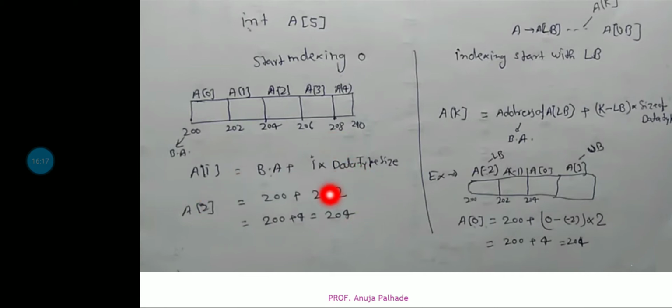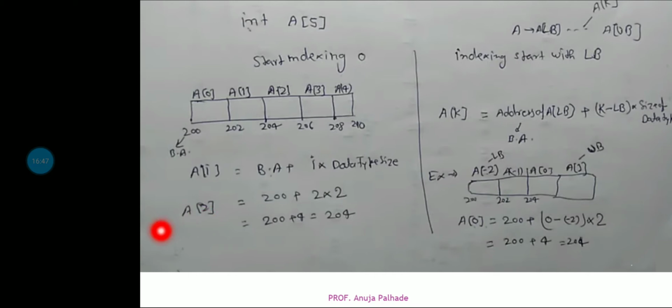So your data type size here is 2. Let's find the address of A of 2. By looking at the diagram, you know it is 204. A of 2 has the address 204, but let's find out with the formula.